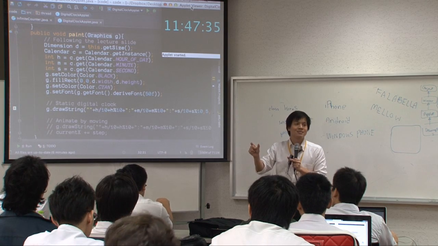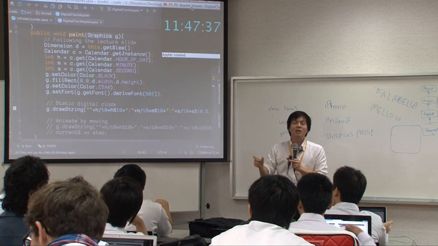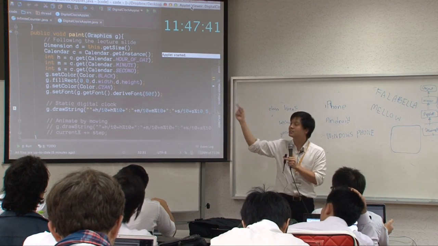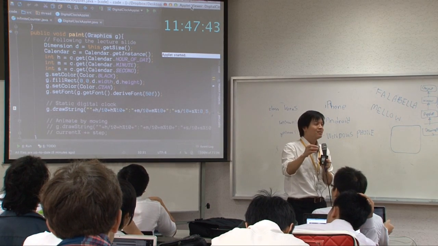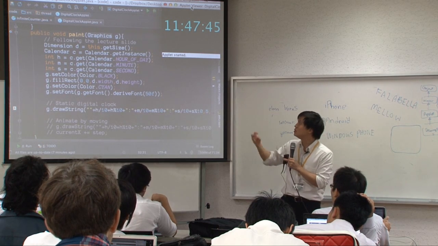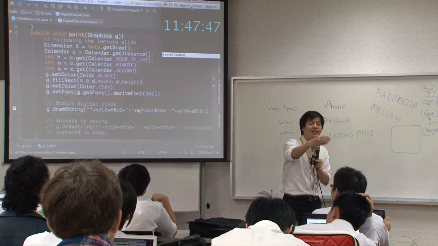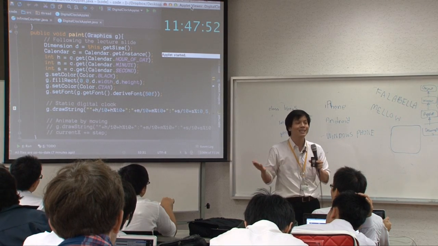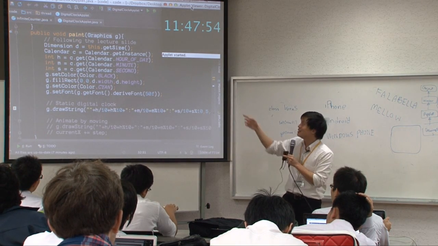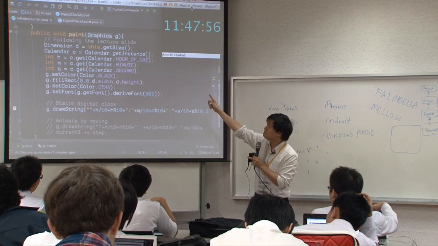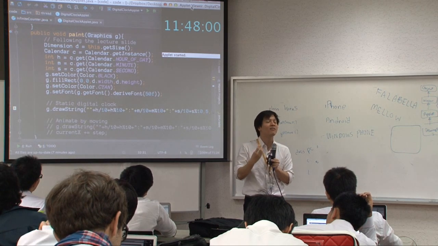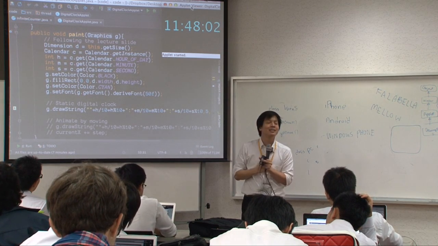The get method, if you look at its header or documents, takes an int. Each int corresponds to a field: hour of day, minutes, seconds. Of course, we will not know those integers anyway, but those integers are already defined inside the Calendar class itself.